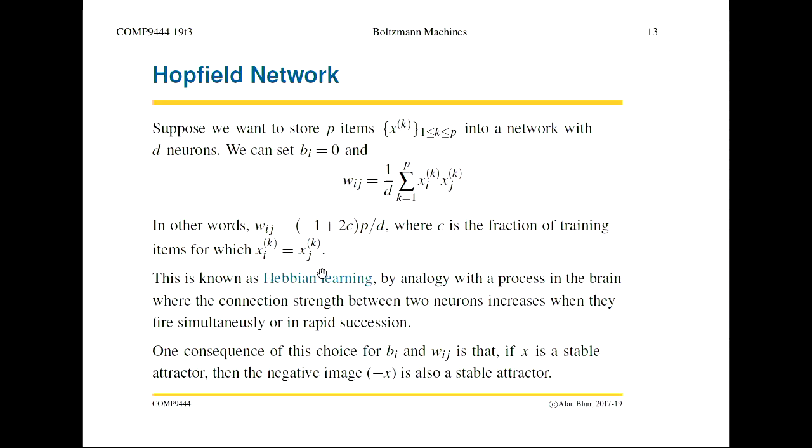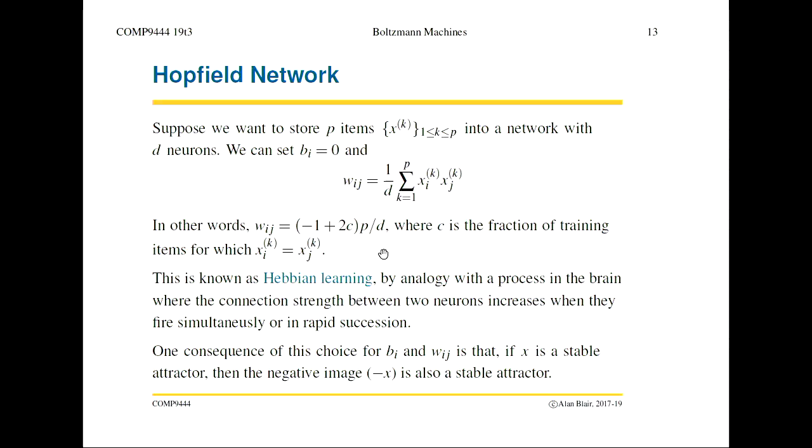Now, this is also related to the concept of Hebbian learning. We talked about Hebbian learning in the first lecture. Hebbian learning is a process where if one neuron fires and then another neuron fires at the same time or shortly afterwards, the connection between those 2 neurons increases.